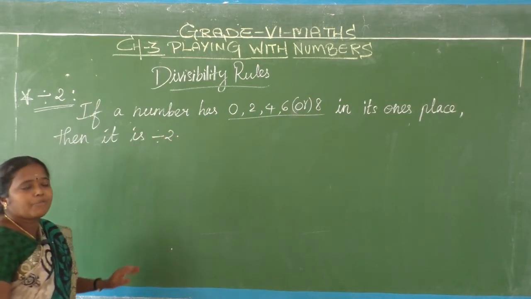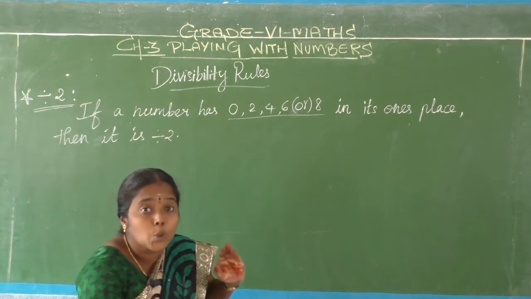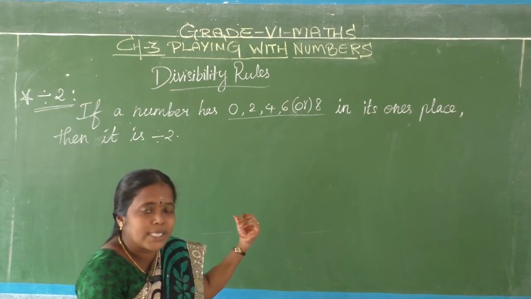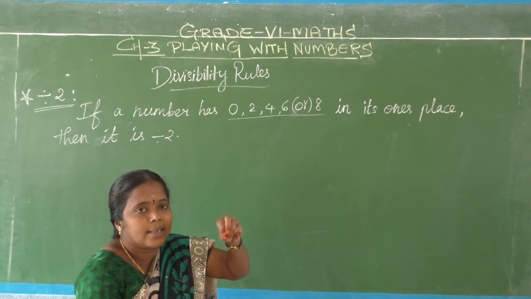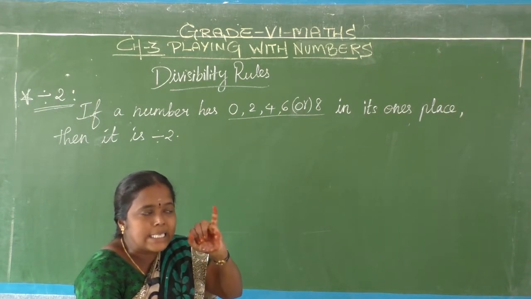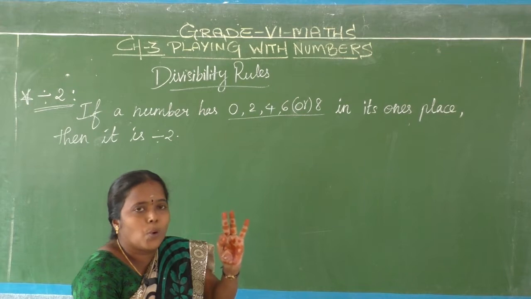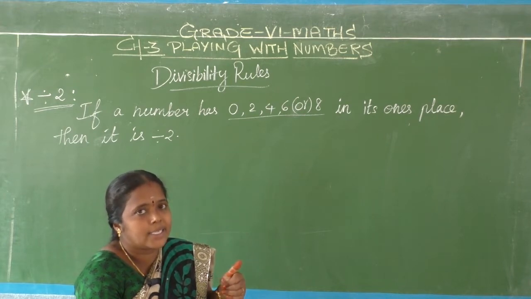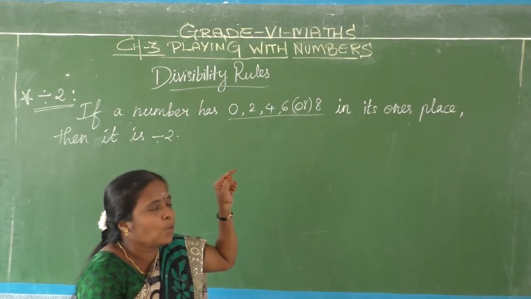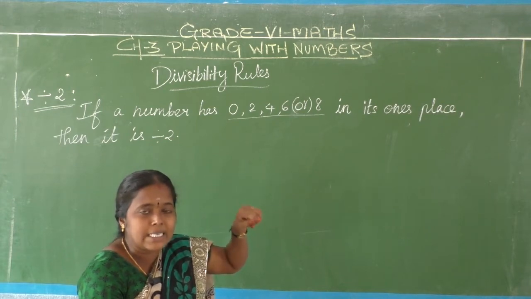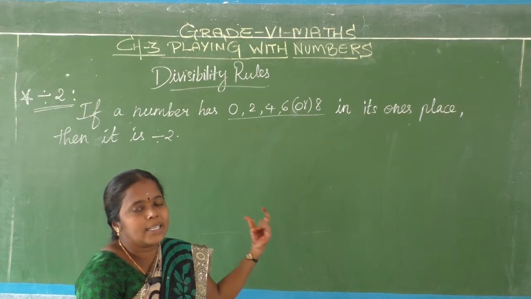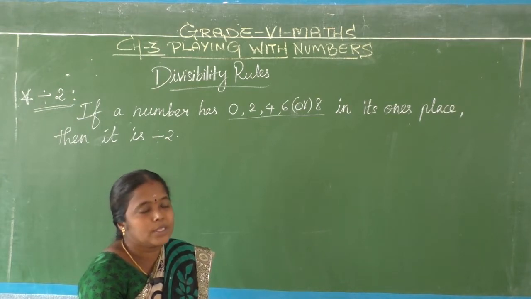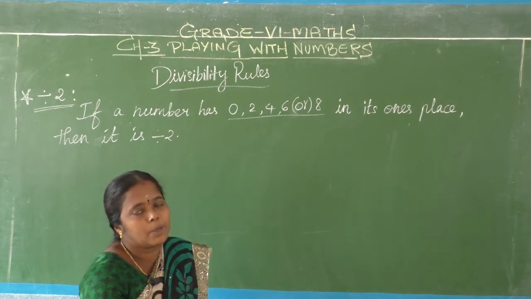This is the rule for dividing any number by 2. What is given here? If any one of these digits is present in the ones place, then we can tell the given number is divisible by 2. This is the rule of divisibility by 2.